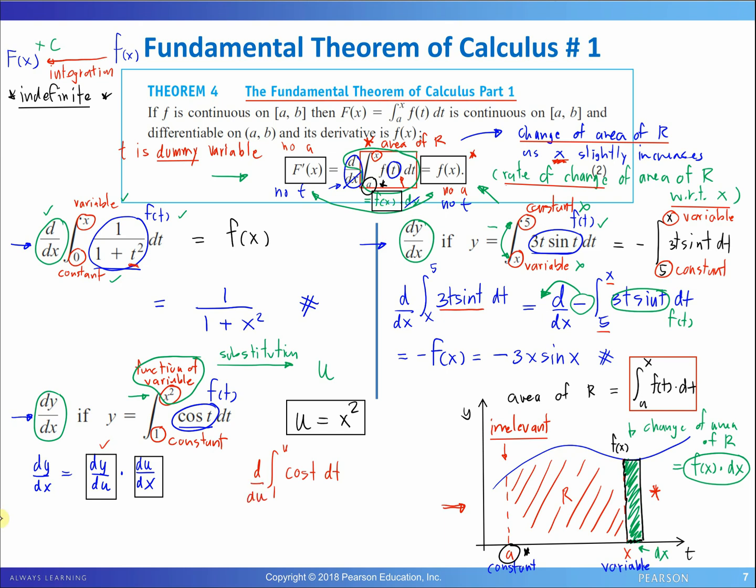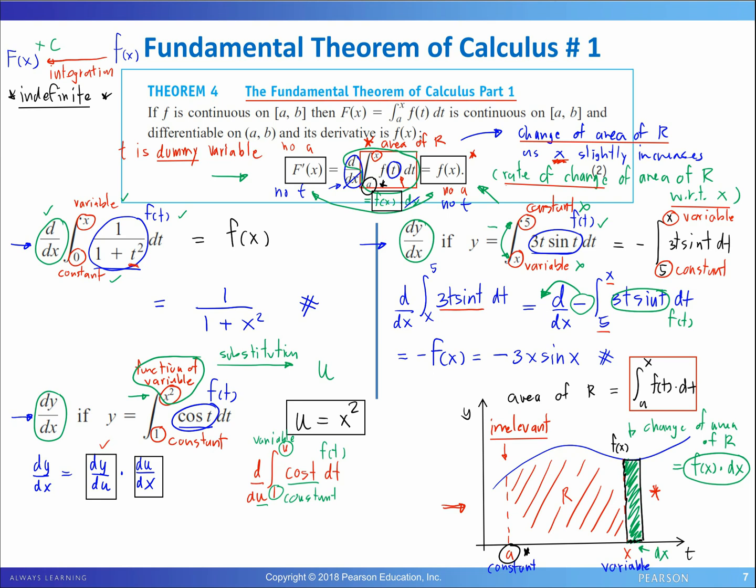So here we have cosine of t, which is a function of t, f of t. Starting point 1, which is a constant. The end point is just one variable alone, and it's the same as this variable down here, u. So this is exactly the same as the formula we have in the theorem.